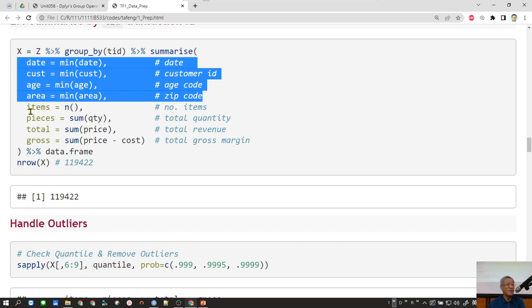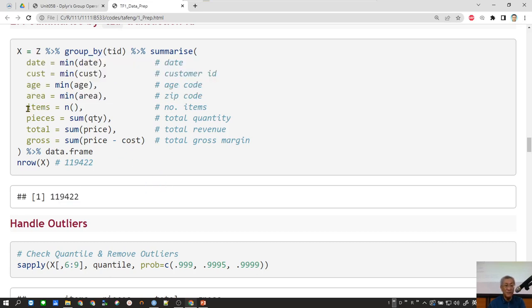And now, items, what does it mean? It means the number of items within this transaction. Some items have a lot of transactions. Some transactions have a lot of items. Some transactions may have only one item. And this is the total quantity. And this is the total revenue.